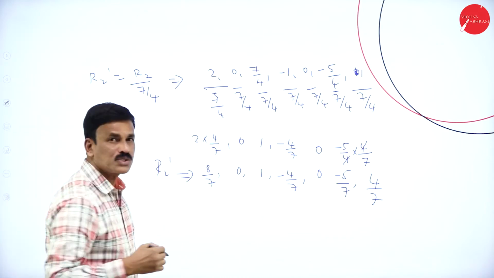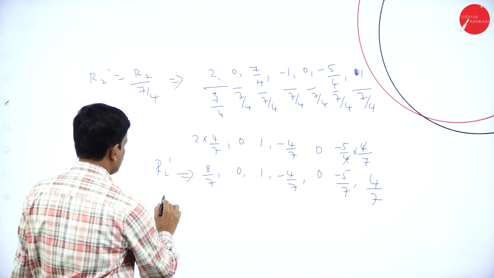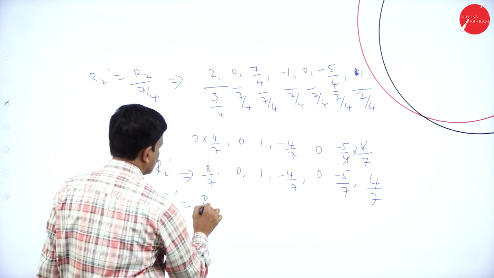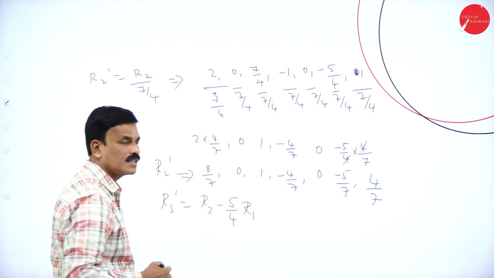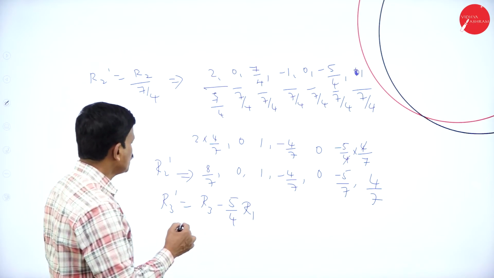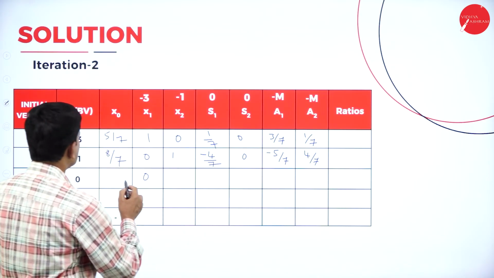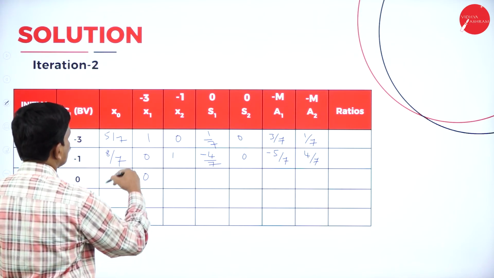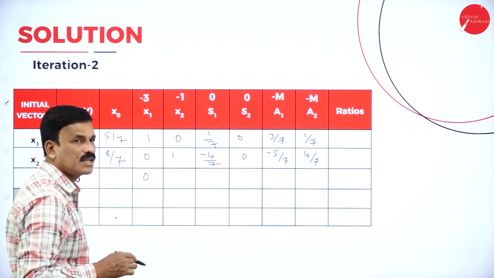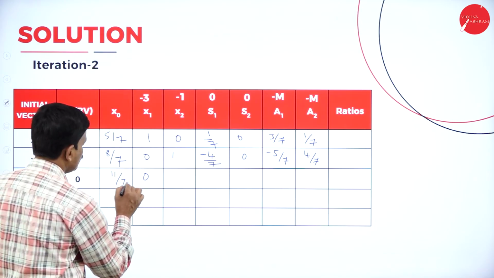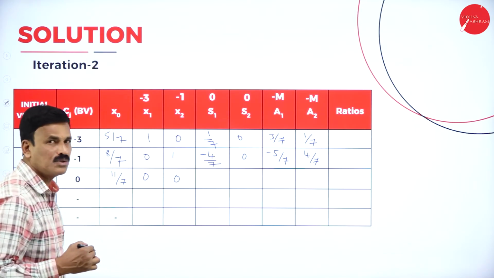Okay. Now, to convert R3 dash, we are going to use R3 dash is equal to R3 minus 5 by 4 times R1. If you use this operation, R3 minus 5 by 4 R1, this reduces to 0 and these elements reduce to 11 by 7, 0, this is also 0.